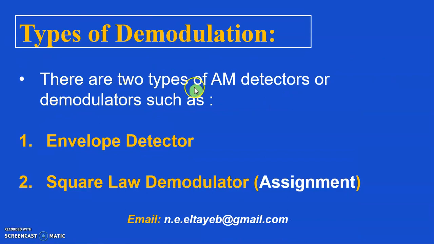So there are two types of AM detector or demodulator, such as envelope detector, and the second one is the square law demodulator. So this envelope detector is a non-coherent type demodulation technique for the AM signal.